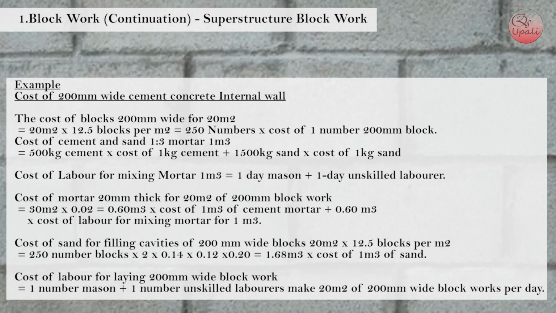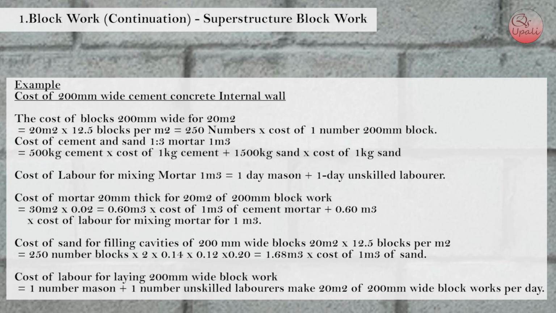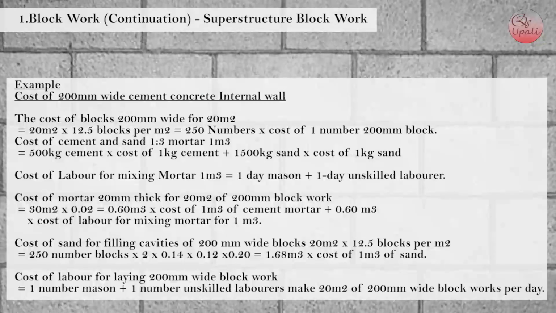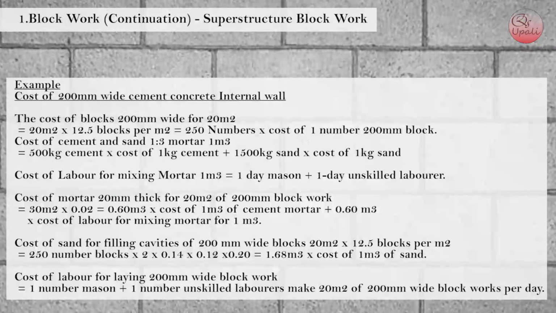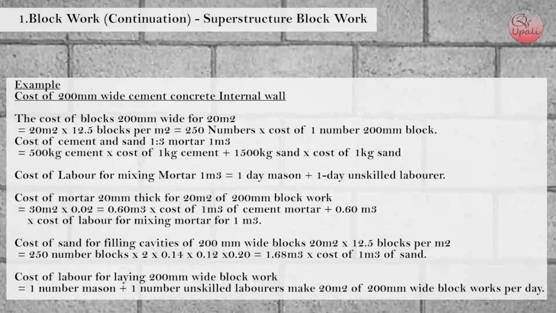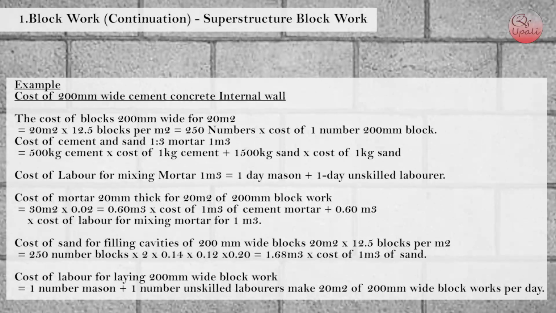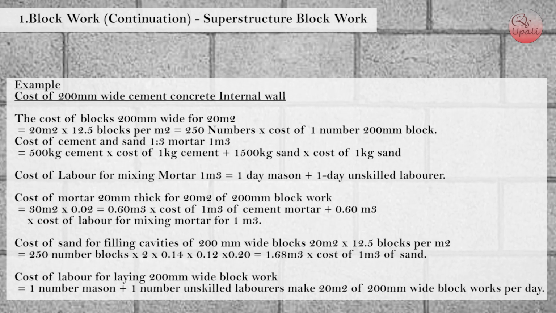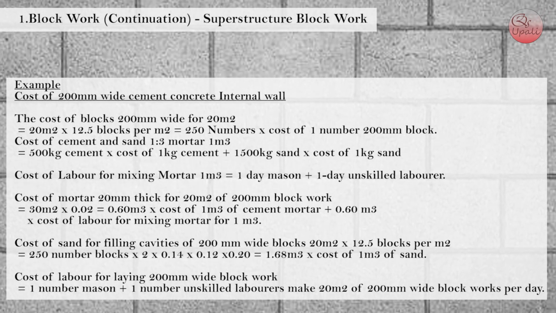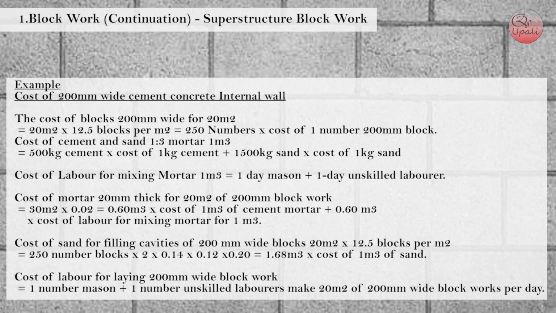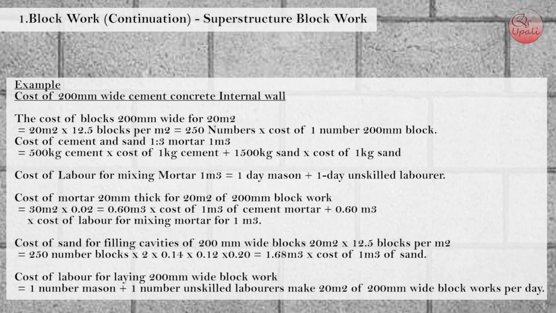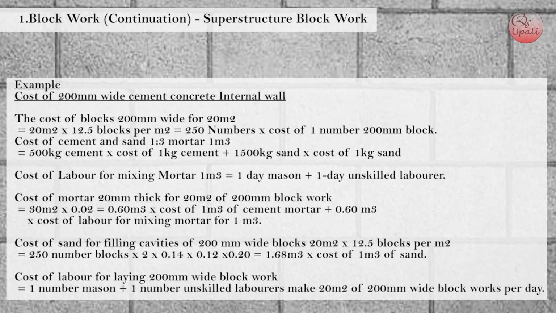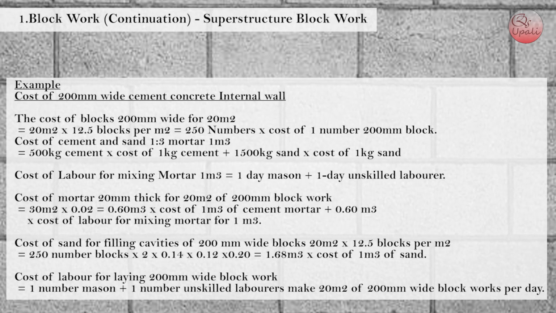Cost of labor for mixing mortar, 1 m³, equals 1 day mason plus 1 day unskilled laborer. Cost of mortar 20 mm thick for 20 m² of 200 mm block work equals 30 m² into 0.02 equals 0.60 m³ into cost of 1 m³ of cement sand mortar plus 0.60 m³ into cost of labor for mixing mortar for 1 m³.